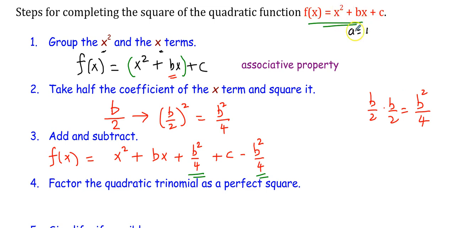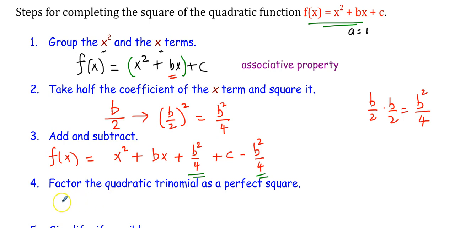We should not change the value of the given function, we can only manipulate it. The whole value has to remain the same. So whatever we introduce, we should take away. I added b squared over 4, so I'm taking away b squared over 4. So we are good in step 3.